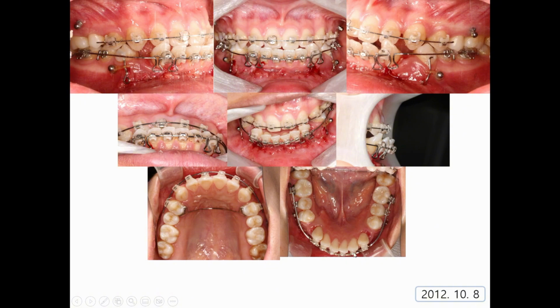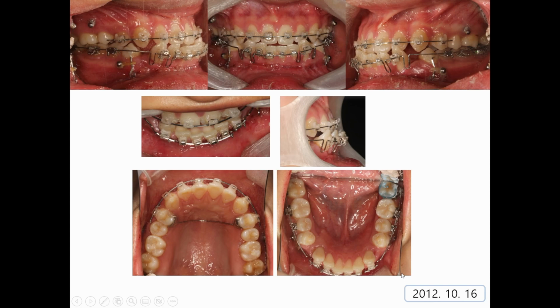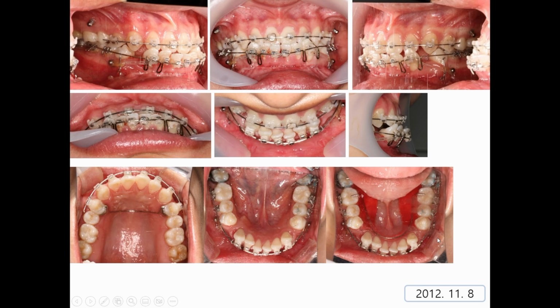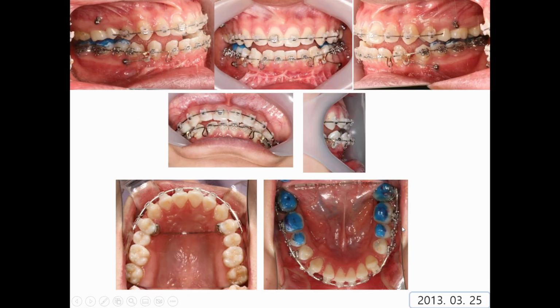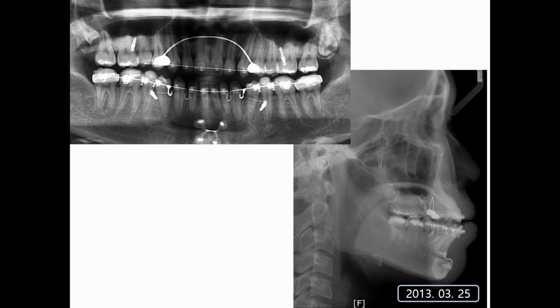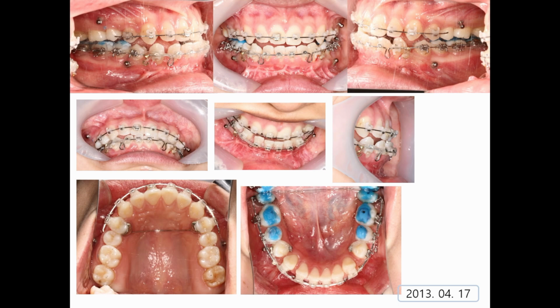One month later, and then, wow, still space here, and a tongue elevator is in the mouth. Still space. I don't know why he attached this one.